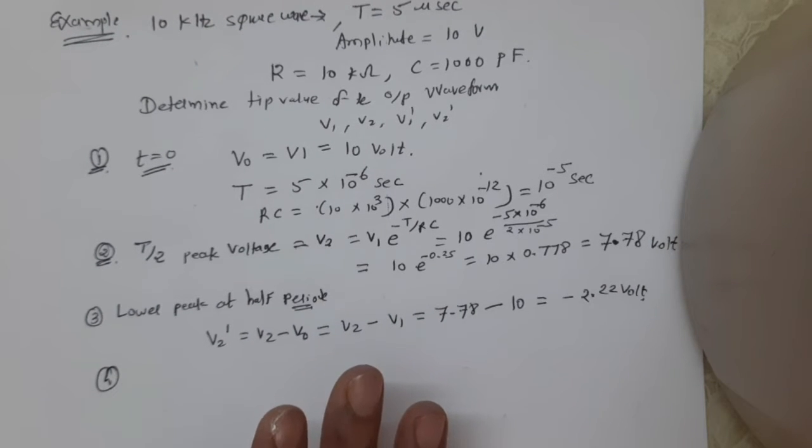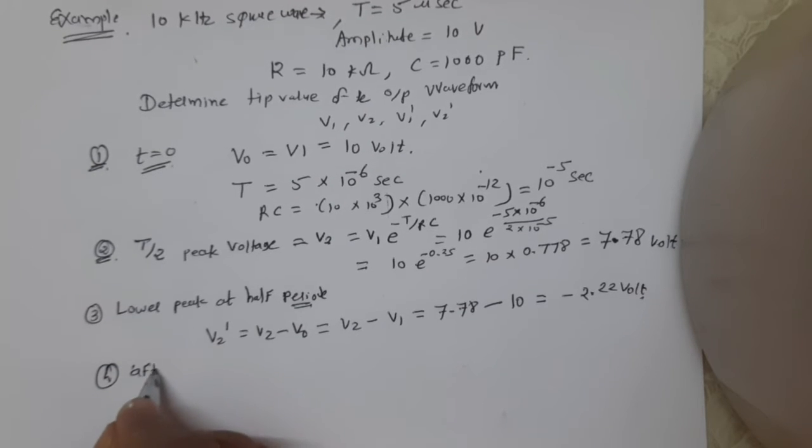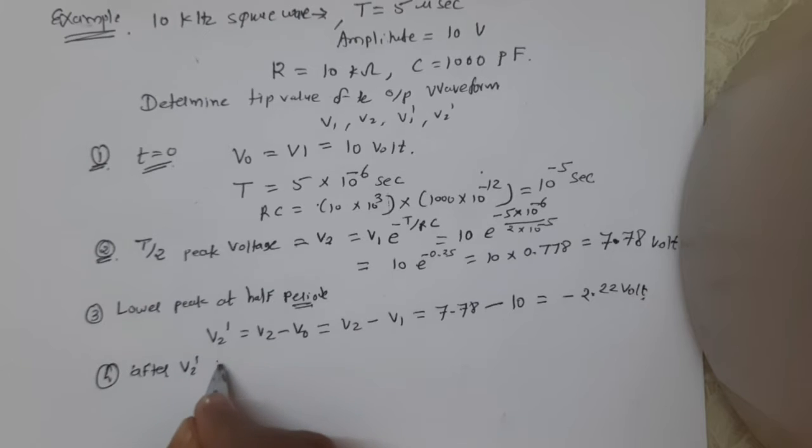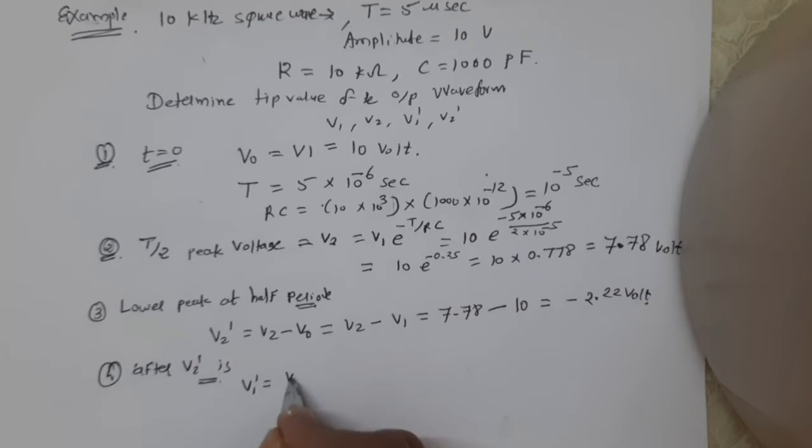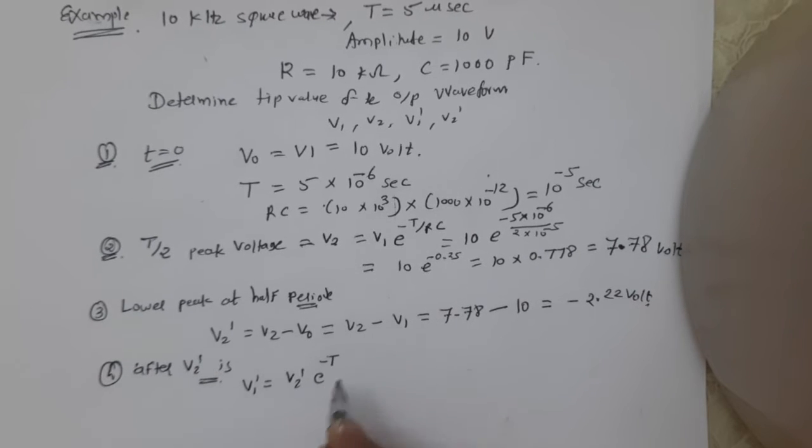And the final value, the fourth, is the next negative peak after the further half period. V1 dash is equal to V2 dash e raised to minus T upon RC.